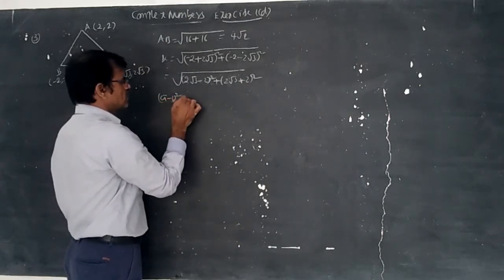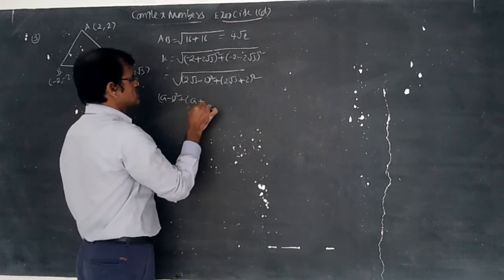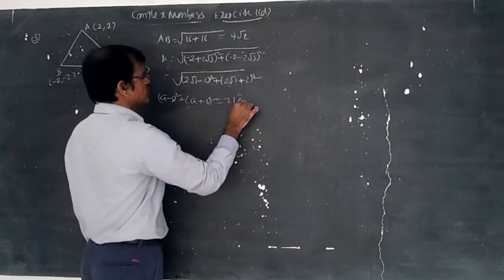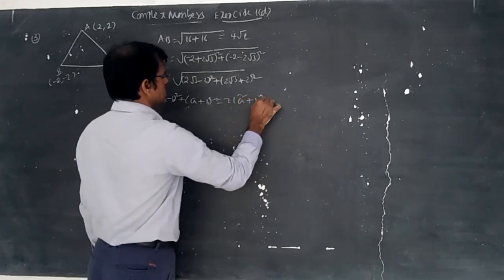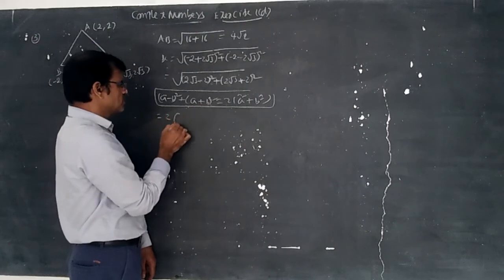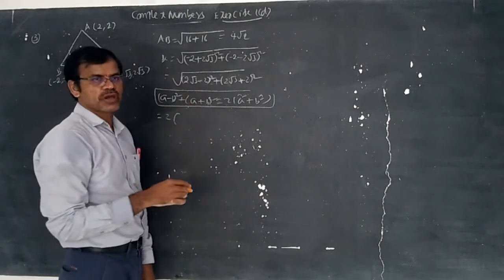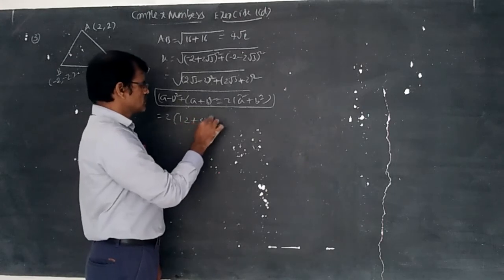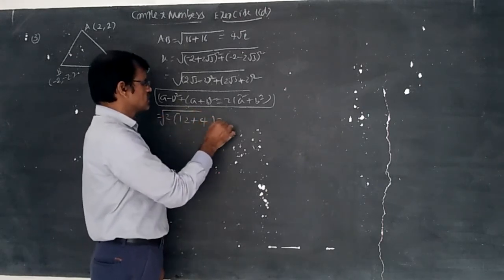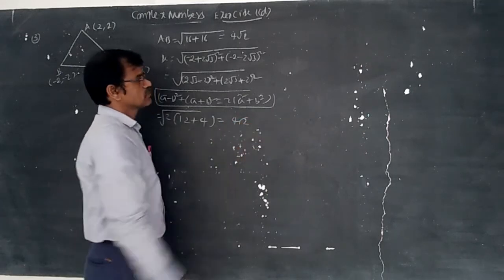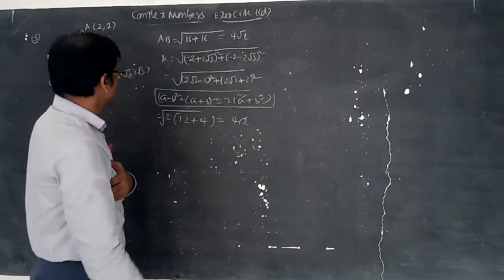Let us remember the formula: (a minus b) whole square plus (a plus b) whole square is equal to 2 into (a square plus b square). That is 2 into (2 root 3) whole square, which is 12, plus 4. 12 plus 4 is 16, 2 into 16 is 32. Root of 32 becomes 4 root 2.